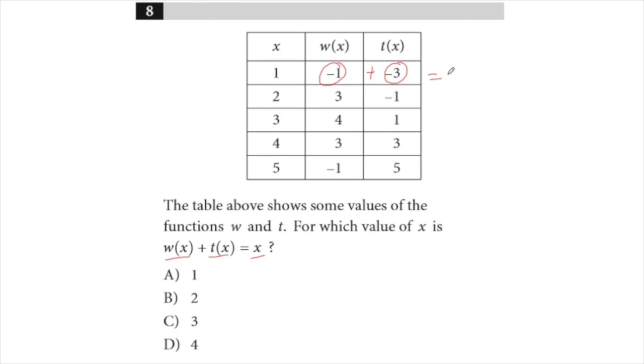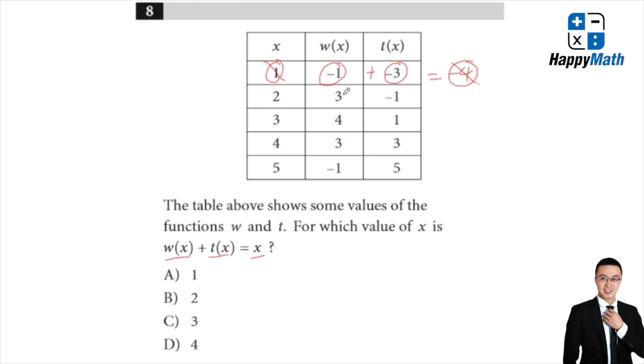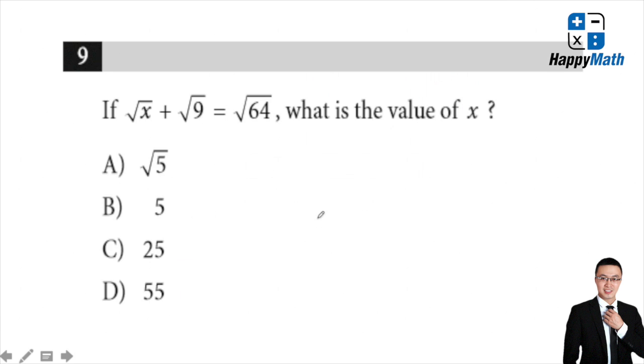Add together you will have -4. This is different to x here, so it cannot be my final answer. In the second row you have 3 and -1, add together equal to 2, and the value for x is 2, so it will be the same. I will make an easy conclusion for B, so x equals 2.